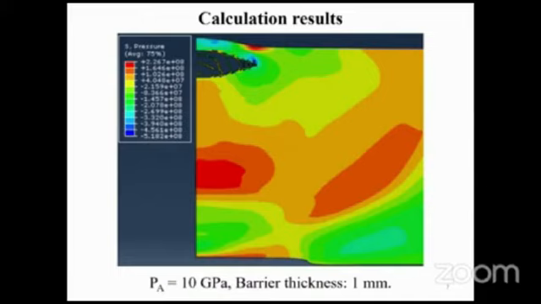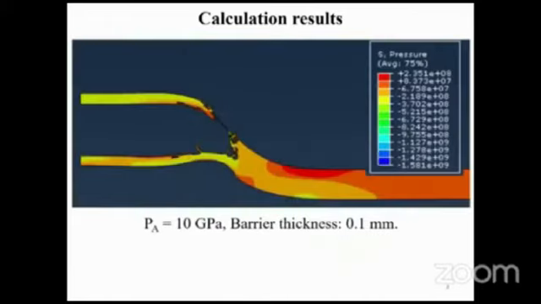A similar phenomenon is observed in the experiment. The image will be shown later. The calculation for pressure amplitude of 10 GPa and barrier thickness 0.1 millimeter is shown on this slide. In this case, spall fracture occurs.